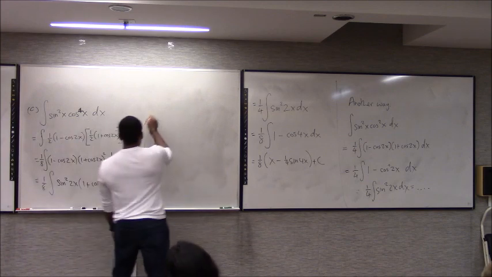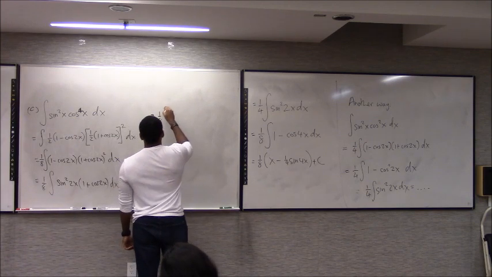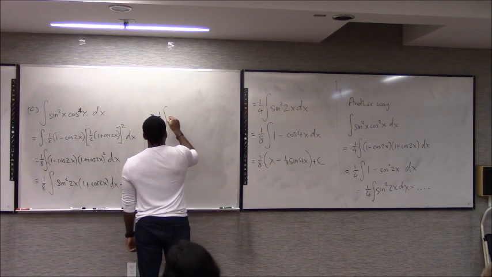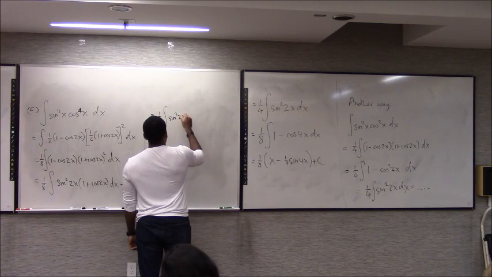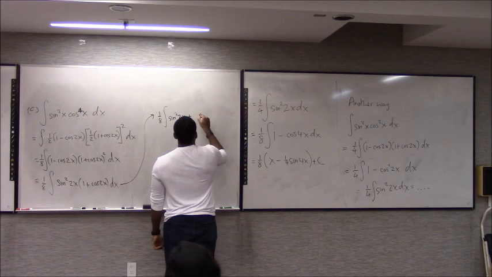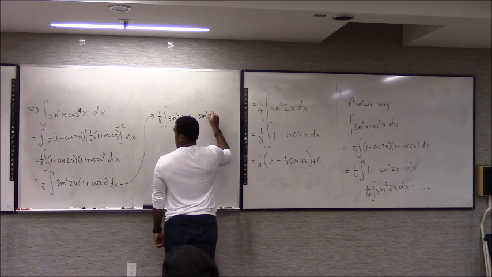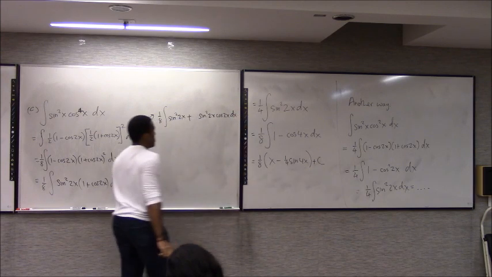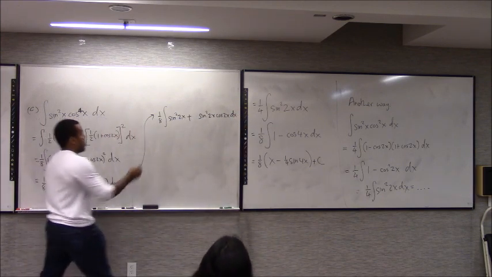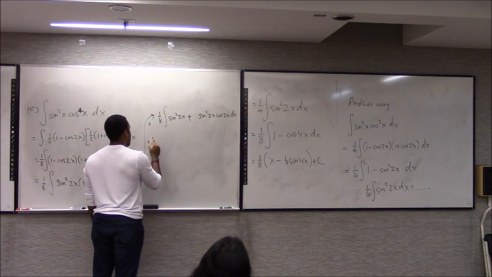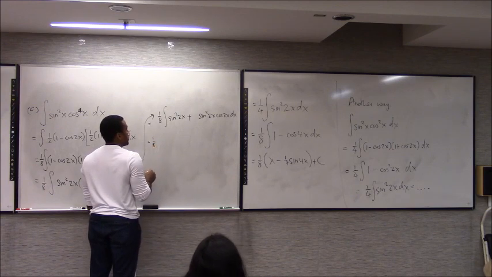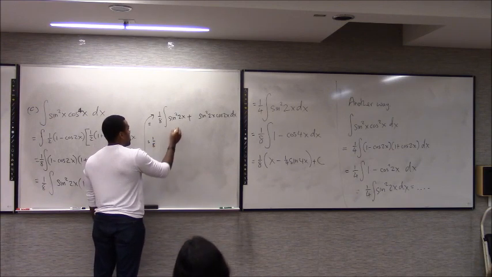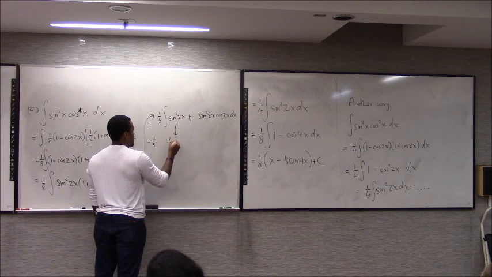And so this would come down to sine squared 2x plus sine squared 2x times cosine 2x. So here it's just a matter of multiplying out. Now equals 1/8. So this one here, I would apply the identity again.